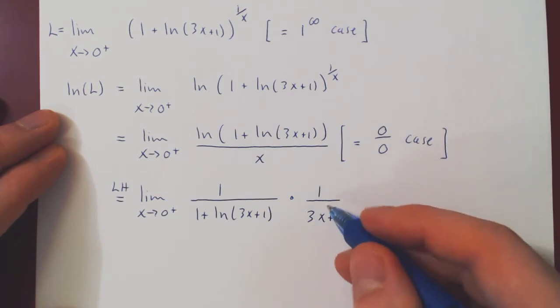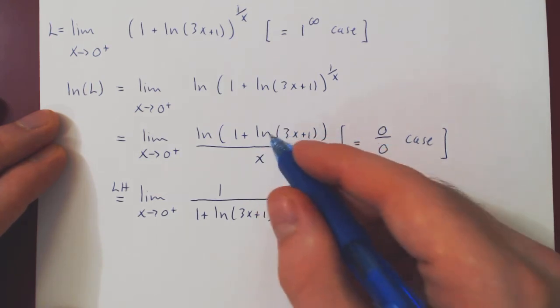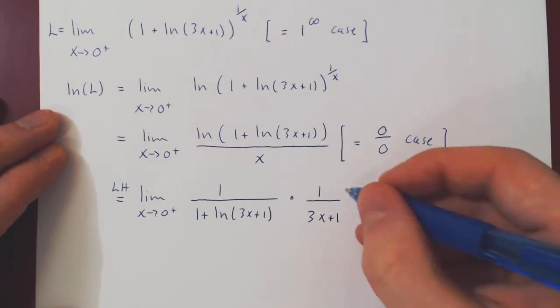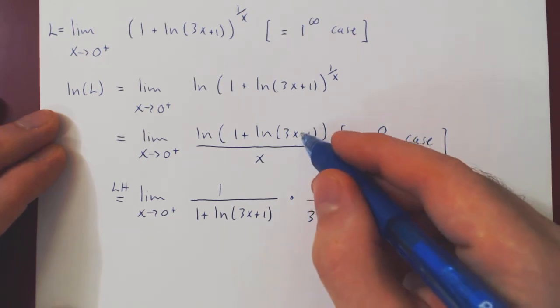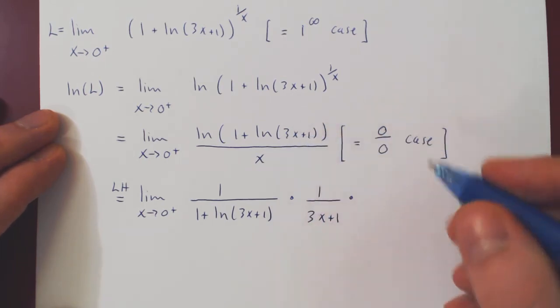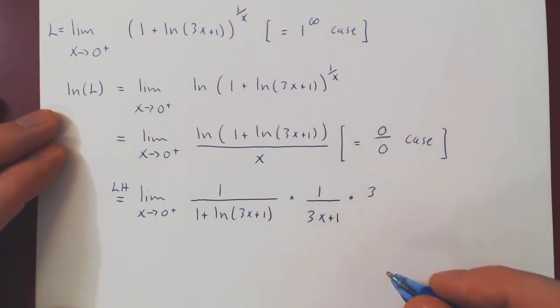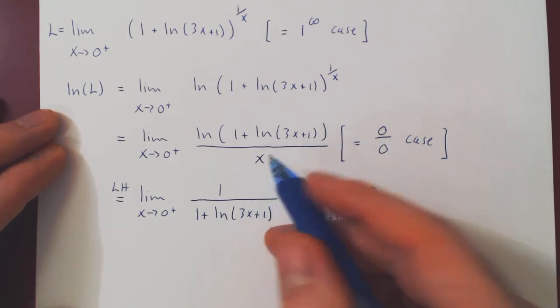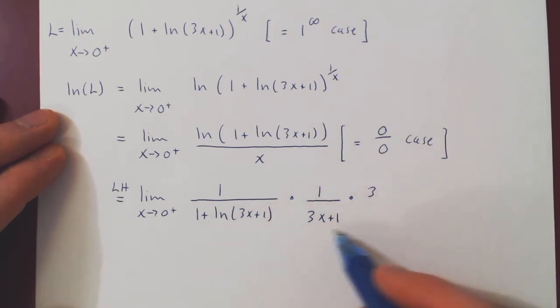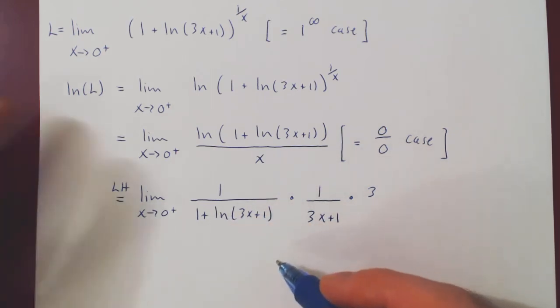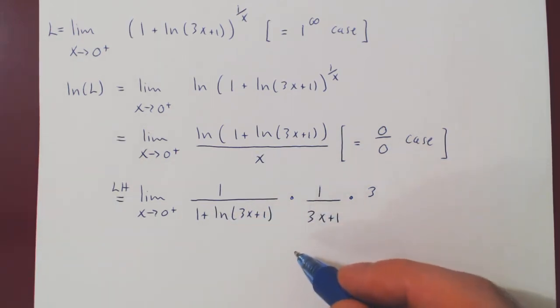But we're not done. This is just the derivative of the ln. There's still the 3x plus 1 left over. Chain rule again, times the derivative of the argument, which is simply 3. Over the derivative of the denominator. The great thing here is the derivative of x is 1, so I'm not going to write all over 1, because it's just the expression itself.